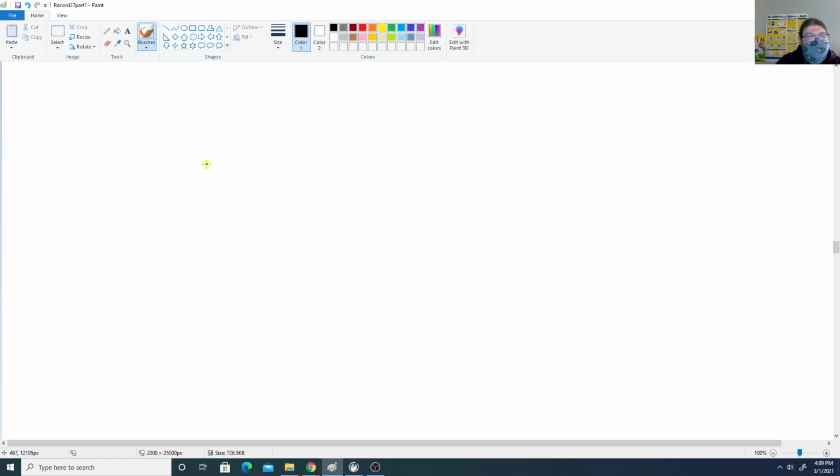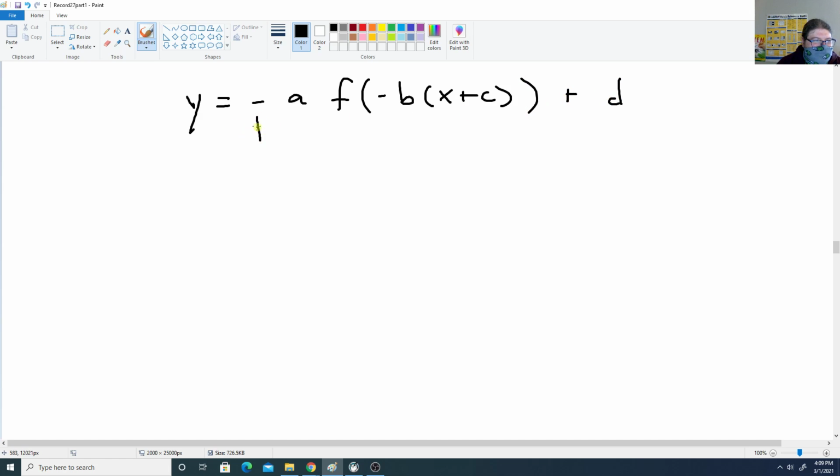One that they like to give us on tests: if we look at the transformation, we have negative a times f of negative b times (x plus c), plus d. The negative out front does an x-axis reflection. This a here will do vertical stretch or shrink.